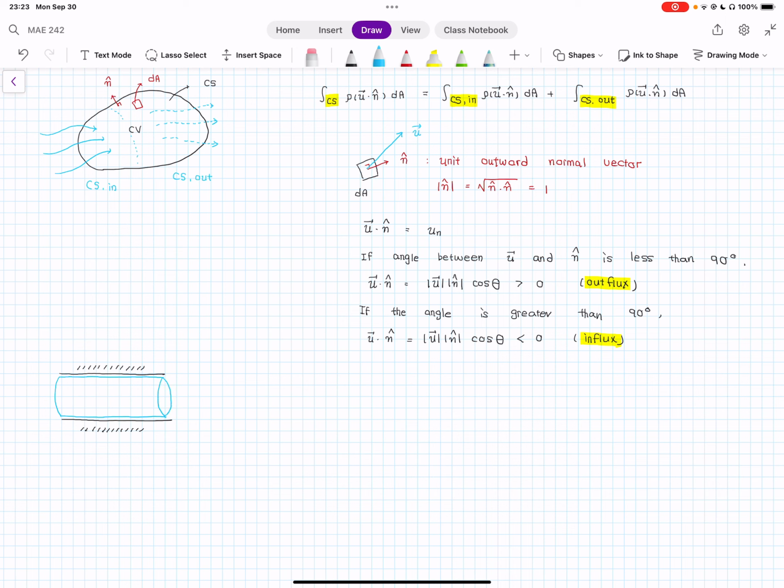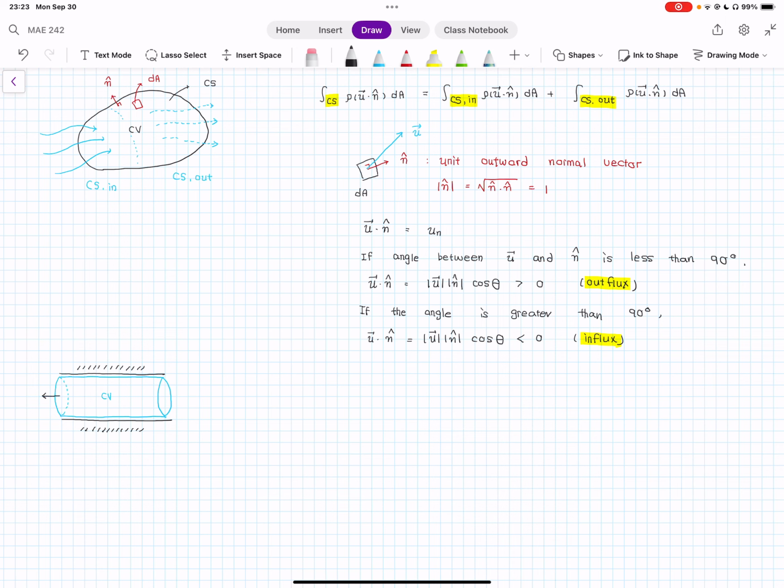So it is probably similar to what I do in the class. So this is my control volume, and therefore its surface is a control surface. Then we first identify the outward normal vector.